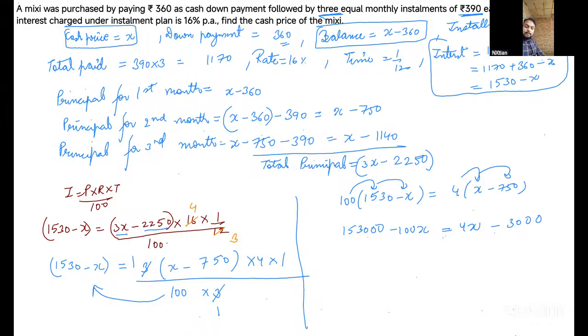Did you understand? So it will become 153,000. Now I will send this and it will become plus 3,000 is equal to 4 plus 100x. It will become 1,56,000 is equal to 104x. Now when you solve it, you will get the answer.